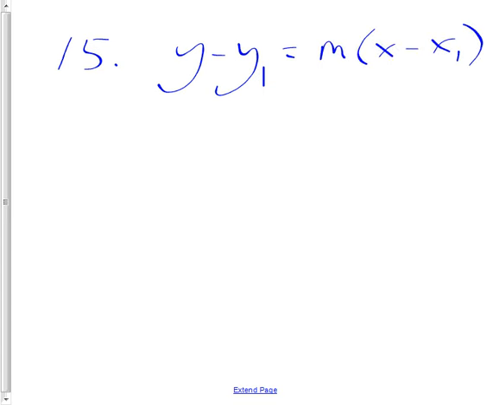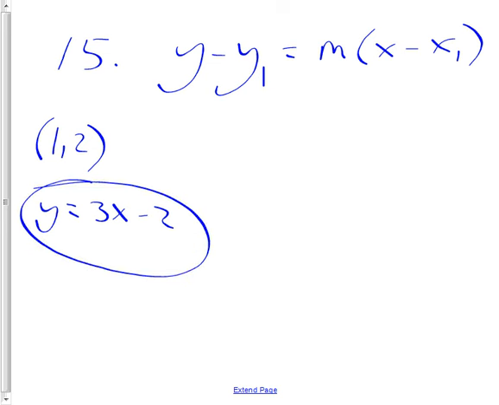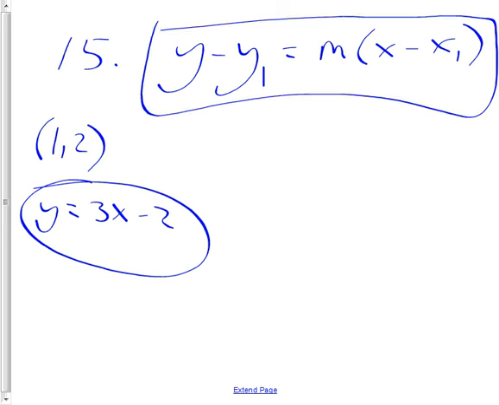So now we have this point of 1, 2, and we have a line, y equals 3x minus 2. This can give me the point, 1, 2. This can give me something else. It's not giving me the point. What's it giving me? The slope. It's giving me the slope is 3, so it's giving me a point and a slope. That's what this is good for. It's called point slope. So now just figure out the slope, stick it in there. Figure out the point, stick it in there. You got your answer. That's all there is to it.